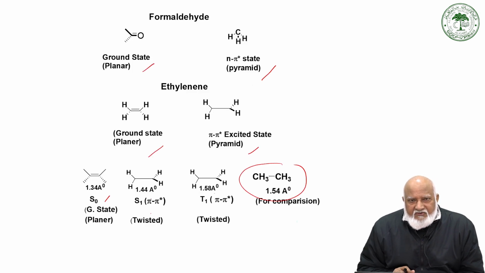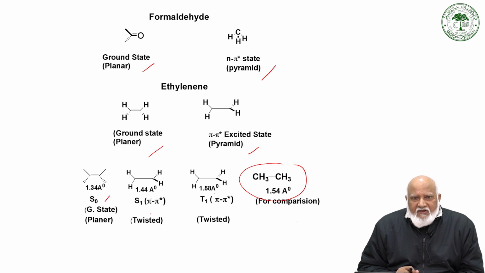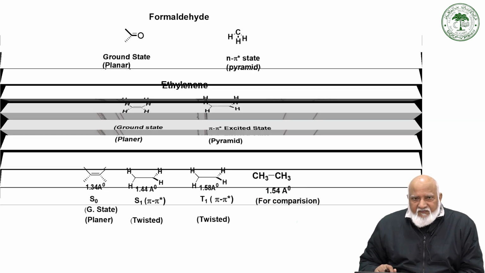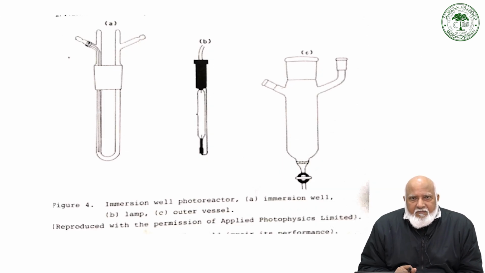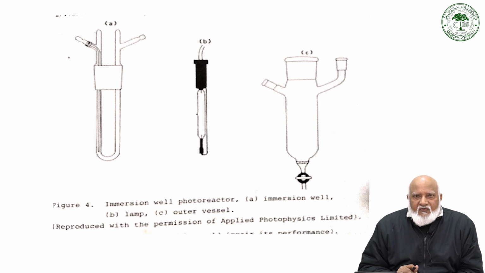In the coming slides, I just want to show you that photochemical reactions can be brought about in a special photochemical reactor, because normal glassware like conical flasks, beakers, and round bottom flasks are not used, since they can reflect a lot of light.